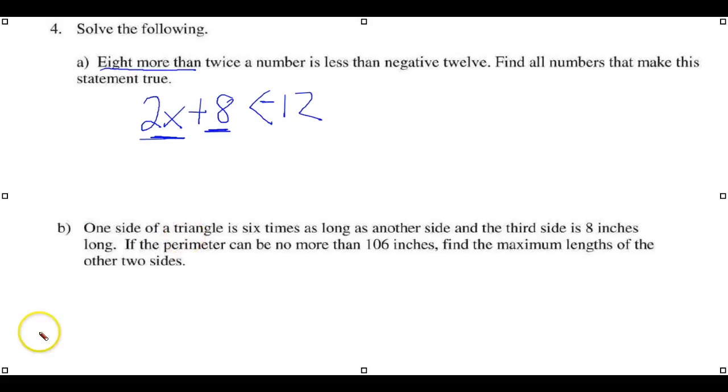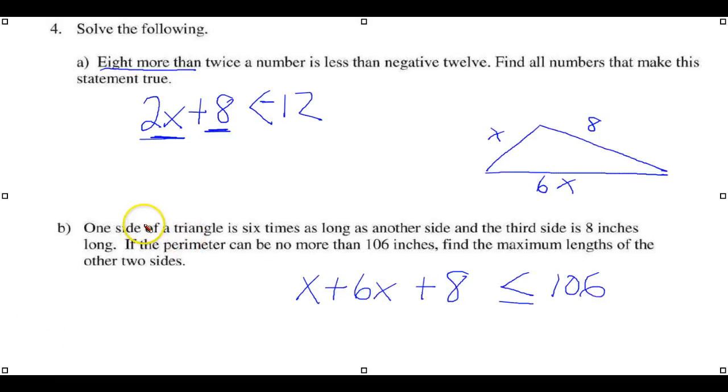One side of a triangle. In our last example, a picture of a triangle may be in order. We're saying that one side is 6 times longer than another. So this will be the short side in a sense. This is 6 times longer.